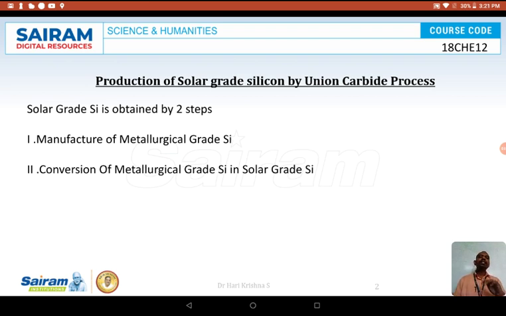Therefore, when this cannot be used to manufacture photovoltaic cells, which type of silicon can be used? What impurity level should be there? The impurity level should be intermediate between metallurgical grade silicon and semiconductor grade silicon. Such silicon is called solar grade silicon. So today we are going to see the synthesis of solar grade silicon.